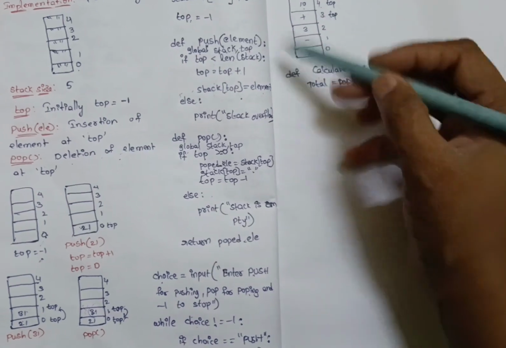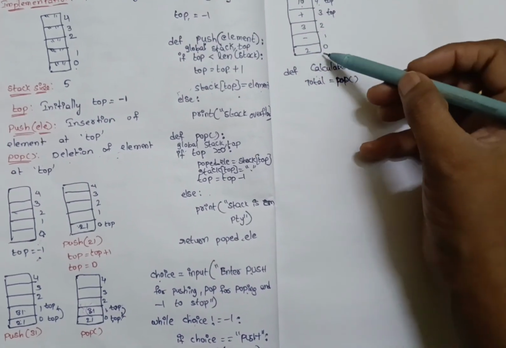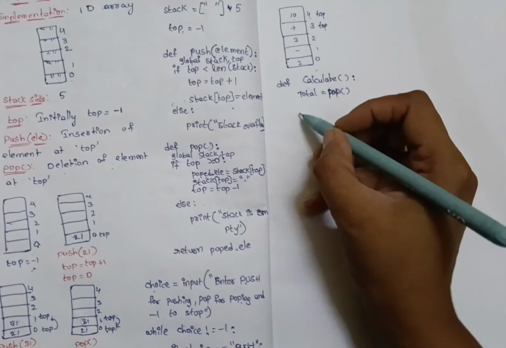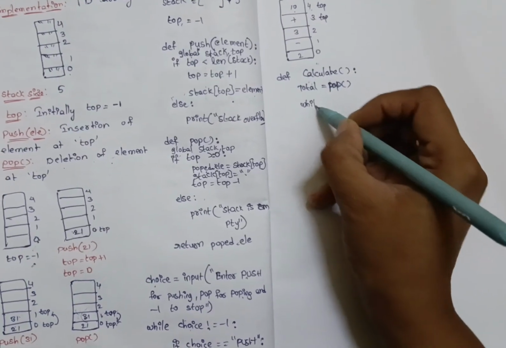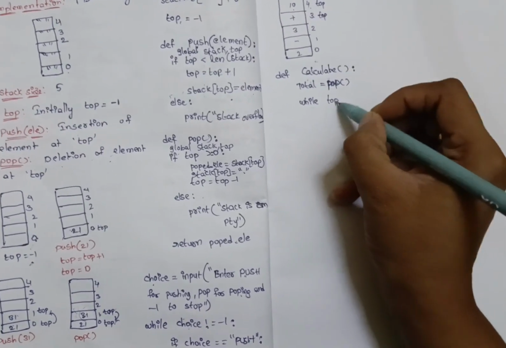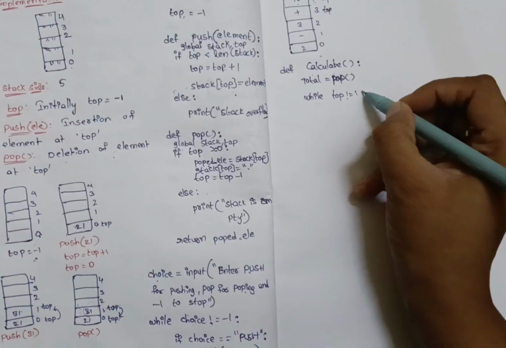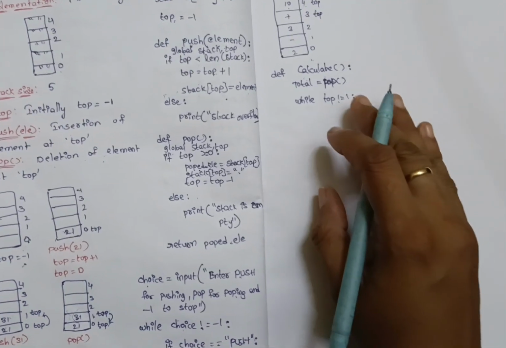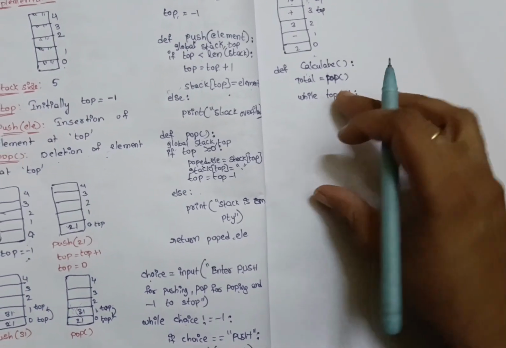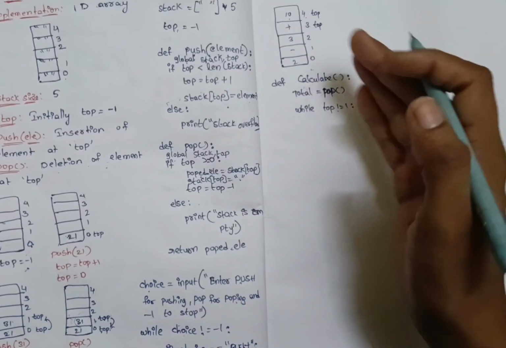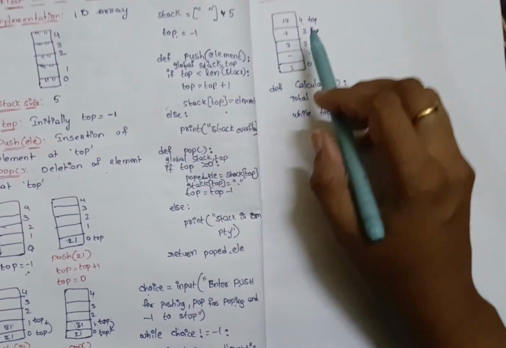Then we just need to pop all the elements again and again until the top reaches -1. So I am going to use a while loop: while top not equal to -1, we have to continuously do the pop operation. How do we do that?